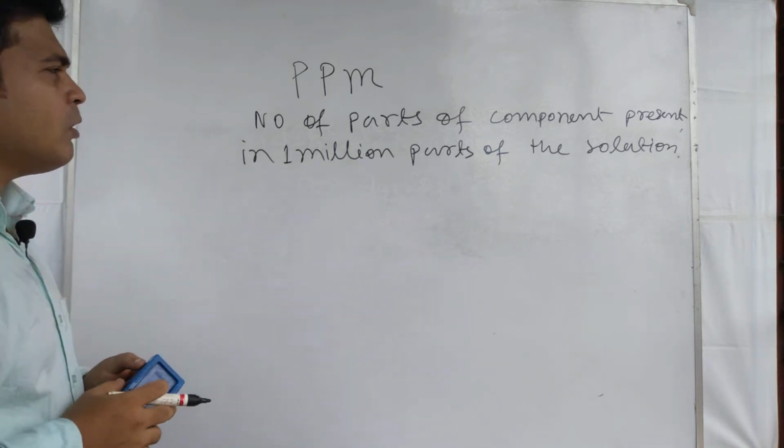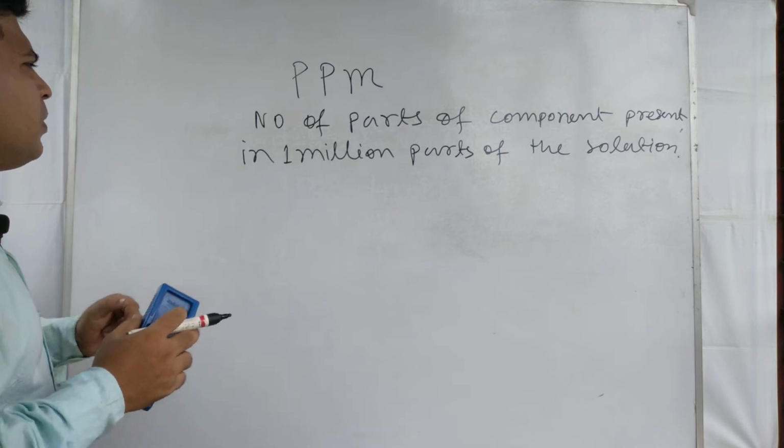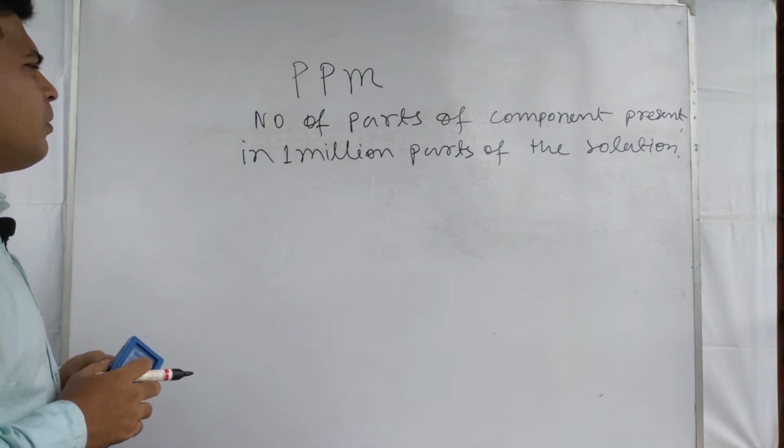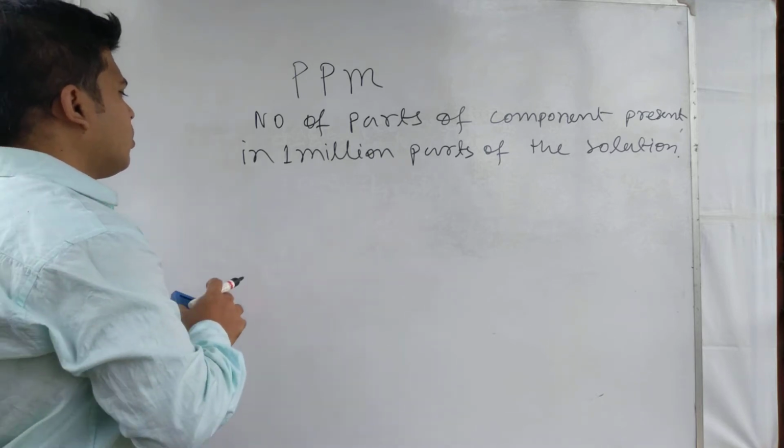It is the definition of ppm. ppm is defined as the number of parts of the component that is present in 1 million parts of the solution.